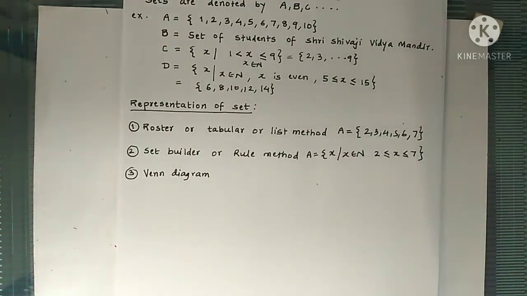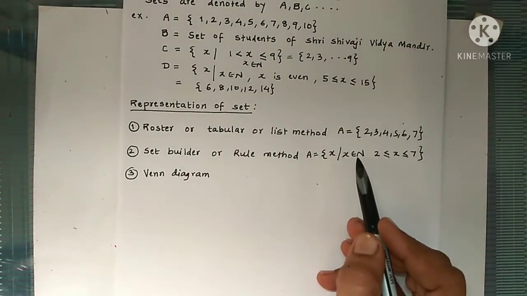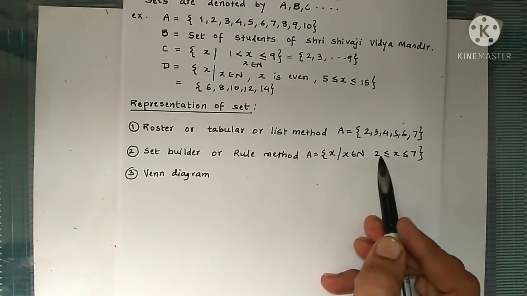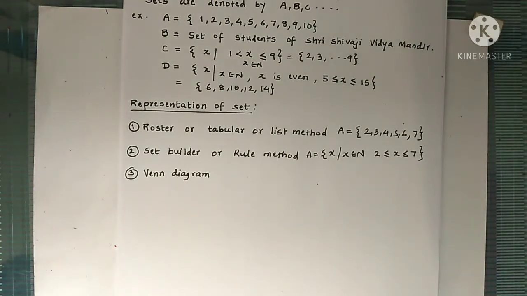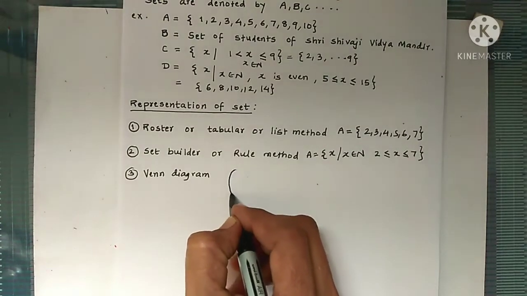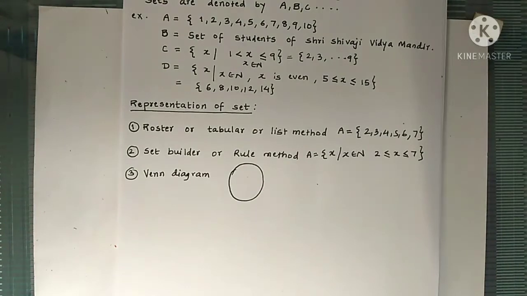So x is a natural number which lies between 2 and 7, including 2 and 7. So this set is now represented by a rule. The rule is that the number should lie between 2 and 7, including 2 and 7, and it should be a natural number.